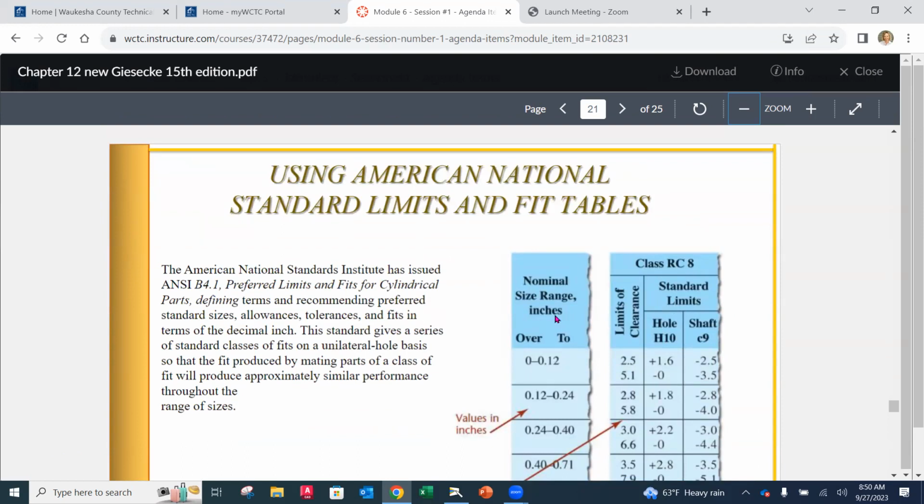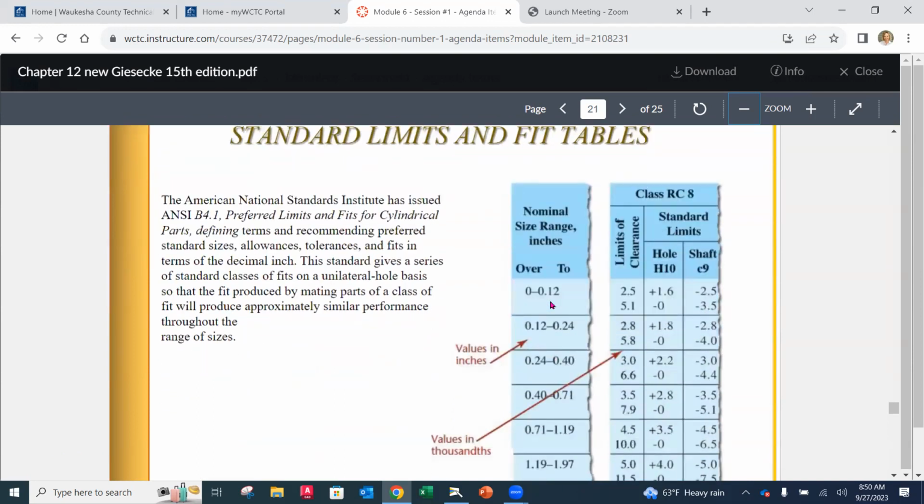There are standard sheets or standard limits that we're going to be working with. Now, I'm not going to dwell on this too much in this particular chapter because we're going to have lots of opportunities to look at these charts in other instances as we go along in mechanical design. But know that we do have a standard, what we call clearance fit charts. Okay. And what they do is they take your nominal size, you find your range of your nominal size.